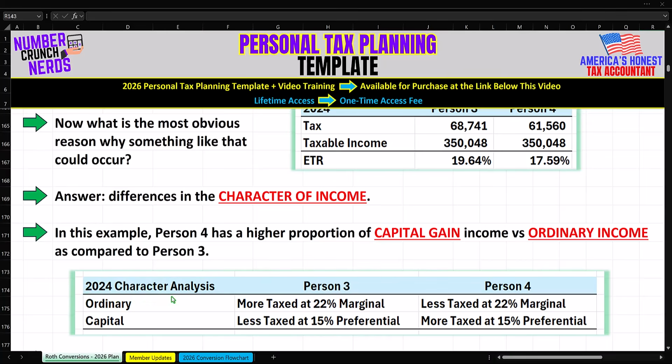So if we look down here at the character analysis of the income, person 4 has less income being taxed at the 22% marginal ordinary rate and more income being taxed at the preferential 15% rate on capital gain and qualified dividends, whereas person 3 over here has exactly the opposite situation. And so that is an example of how two people can have identical taxable income, but meaningfully different effective tax rates. It has to do with the character of income this time.